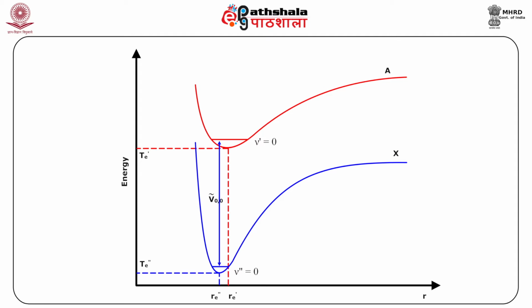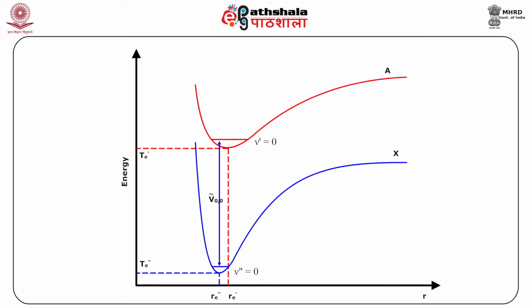Because usually a transition is from a bonding level to an anti-bonding level. So, the bonding is weakened in the excited state and its bond length is increased. The potential well of the excited state is also quite shallow because the bonding is weaker, and so it is easier to dissociate the bond.